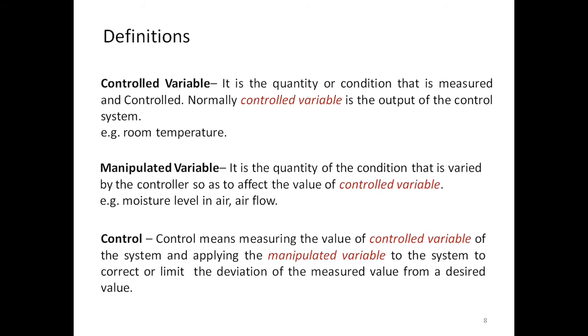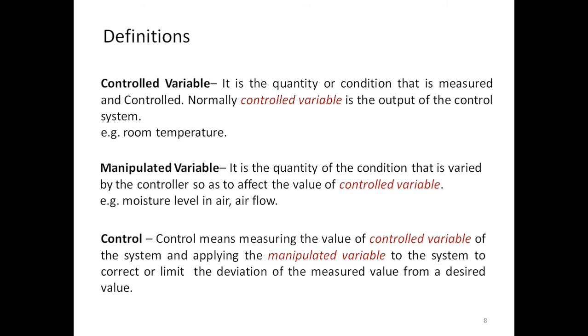Control. Control means measuring the value of the control variable of the system and applying the manipulated variable to the system to correct or limit the deviation of the measured value from a desired value.